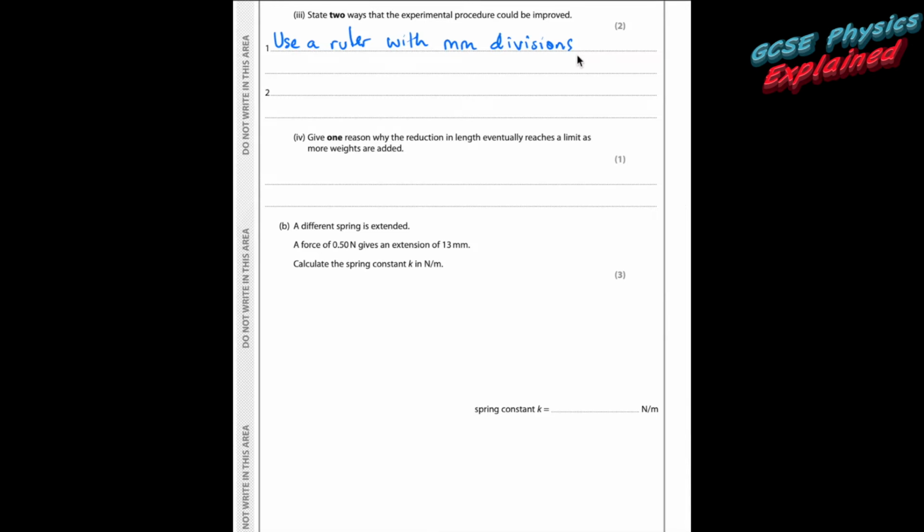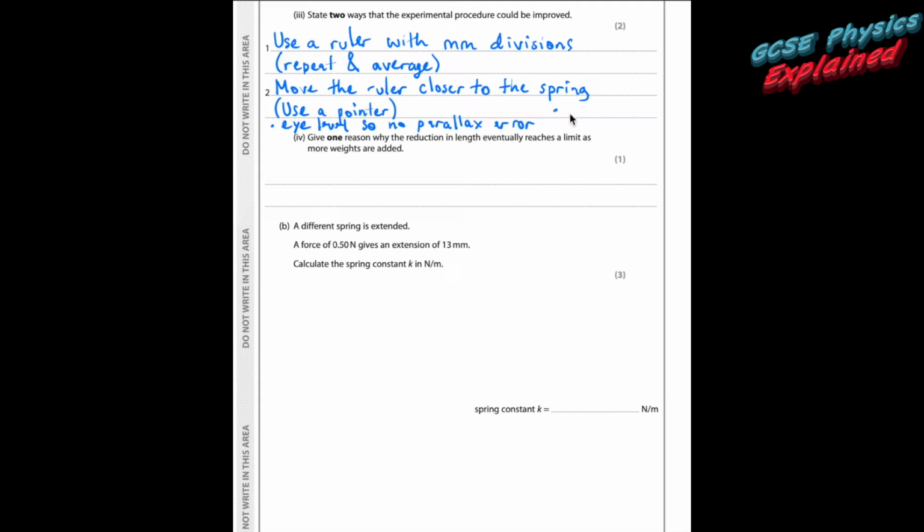Use a ruler with millimetre divisions. Move the ruler closer to the spring. As I say, other things you could say is use a pointer, repeat and average, and get eye level so there's no parallax error.